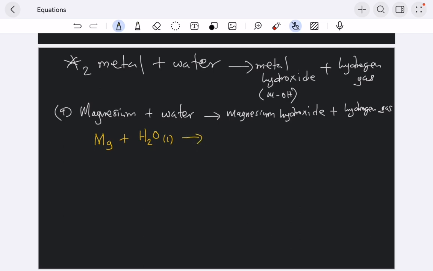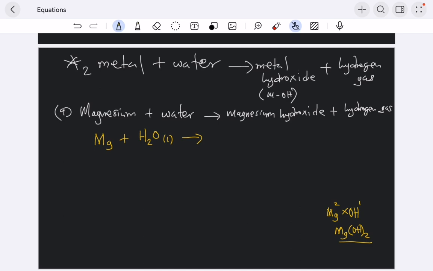So how do we write magnesium hydroxide? Remember, you are combining magnesium and hydroxide. The valence number of magnesium is 2, and the valence number of hydroxide is 1. When we interchange, it becomes Mg, and the 2 goes to the radical, so we put the radical in brackets, then 2.